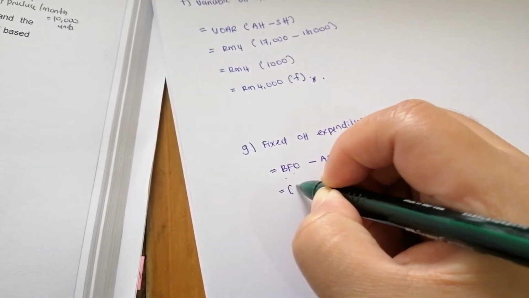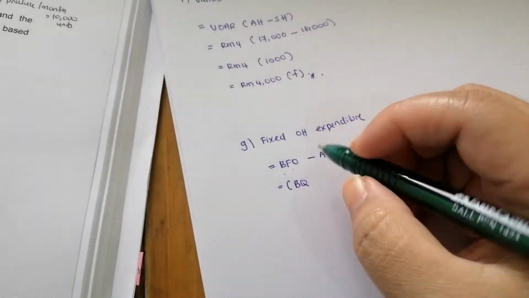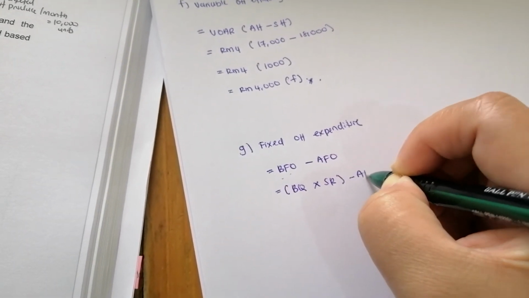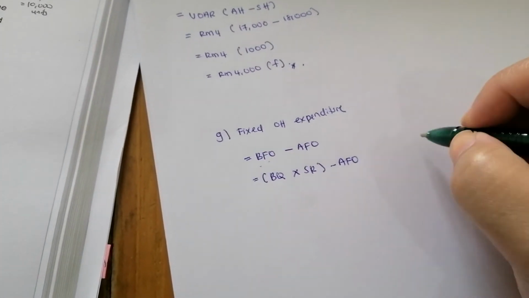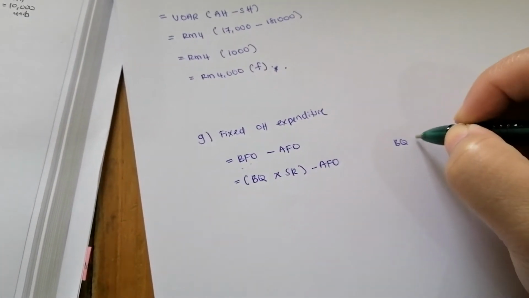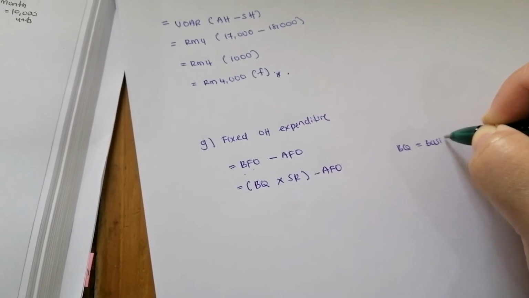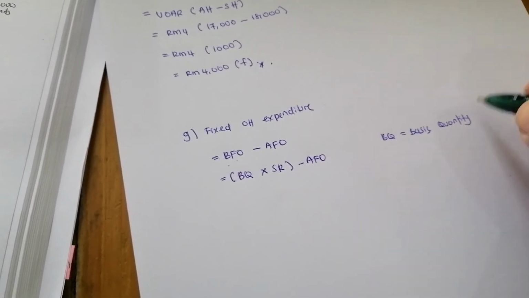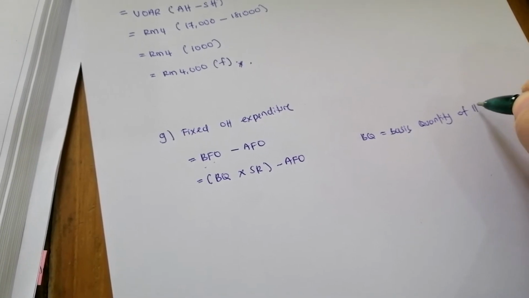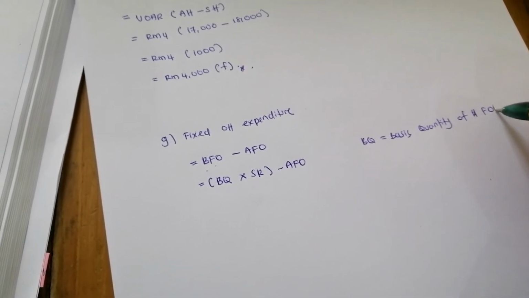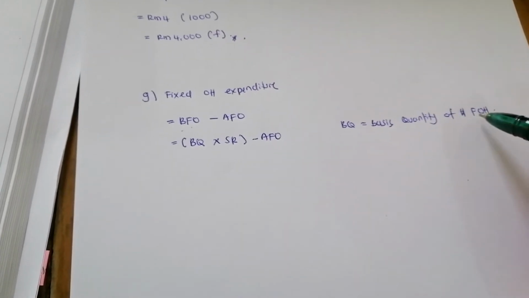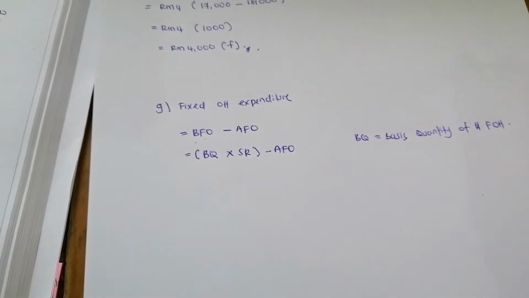The formula is BQ times the standard rate. Here, BQ represents the basis quantity of the fixed overhead. We know the fixed overhead is based on direct labor hours, right?